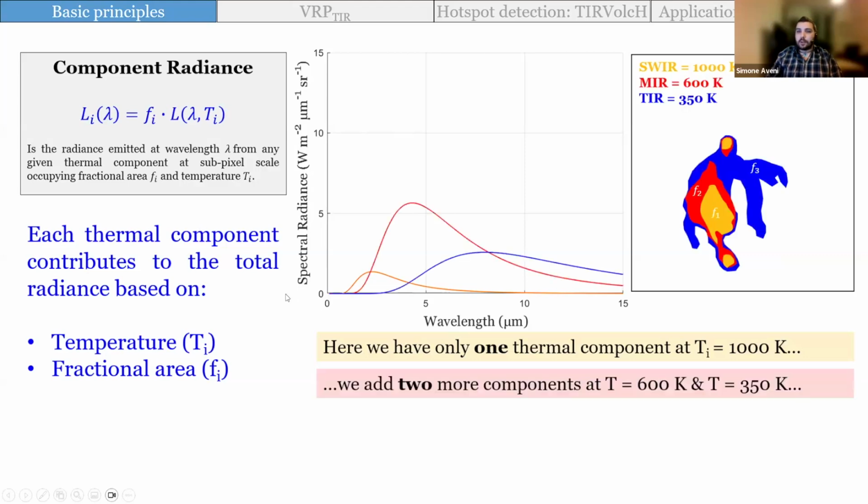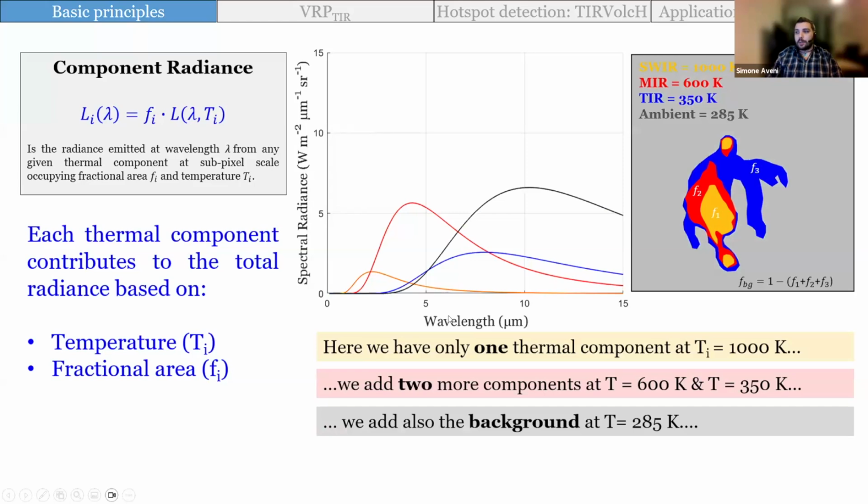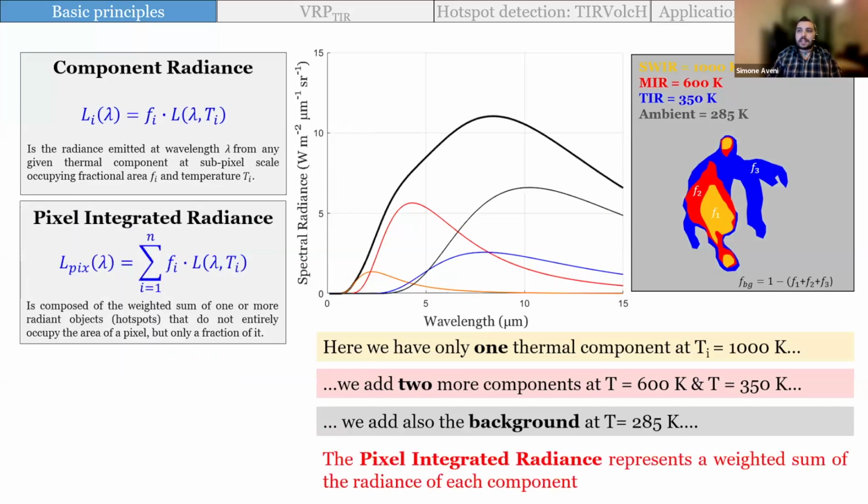So we start to add more thermal components. So we see that in our sub-pixel resolution, we get a mixing of different temperatures, components, each having different occupying fractional areas, having different temperatures. And so if we continue and we also add the background, this is what we end up with. We end up with a pixel integrated radiance, which is basically the weighted sum of all the radiant objects within our pixel that do not occupy completely the pixel, but instead just occupy a portion of it.